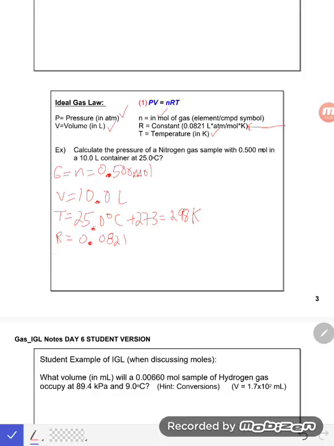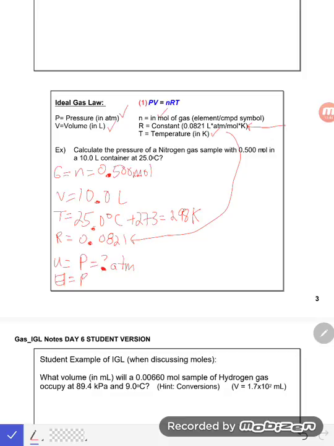Our unknown is pressure. Our pressure is going to come out in atmospheres, because if we look at the unit for the R value, the pressure there is atmospheres. Whatever you're solving for, the unit is going to come out to whatever is in that R constant value.